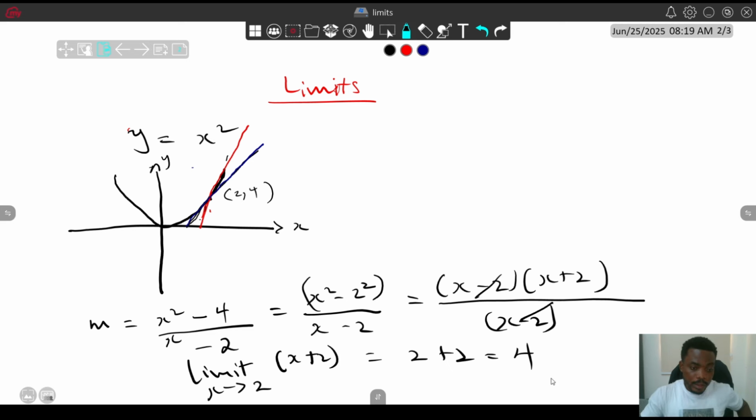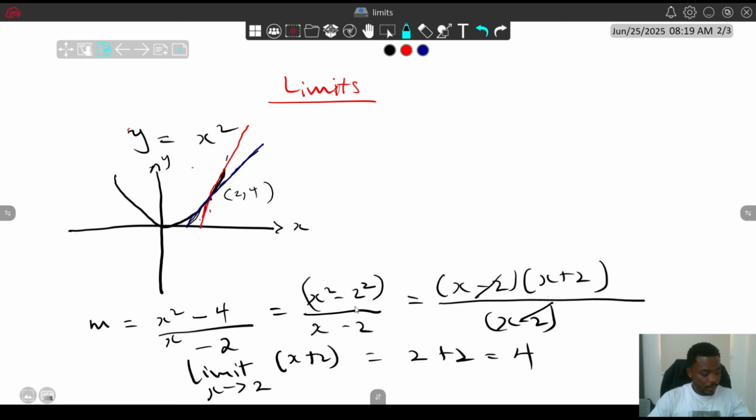Yet we know that if we insert 2 into the original function, the function is going to be indeterminate, right? So that means that for the limit of a function to exist, it doesn't necessarily mean that the function should exist or should be defined at the limit point.